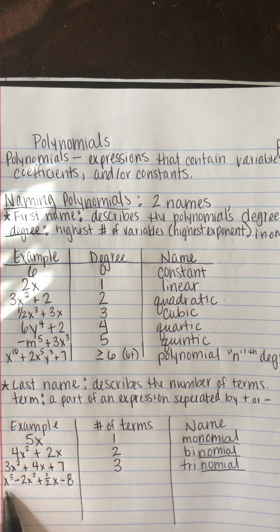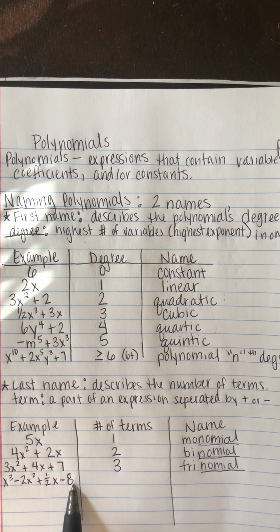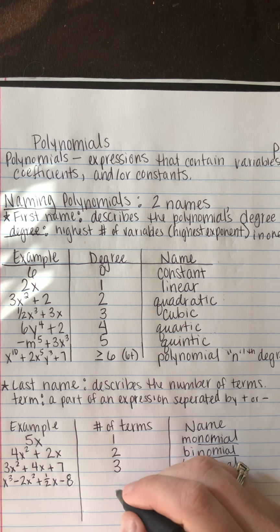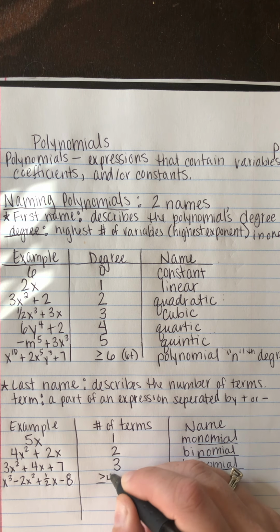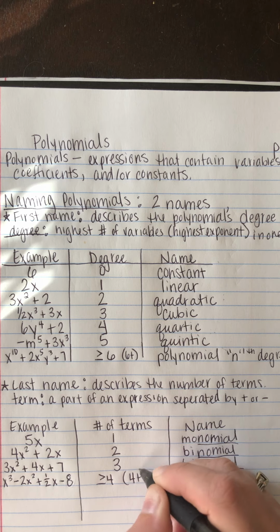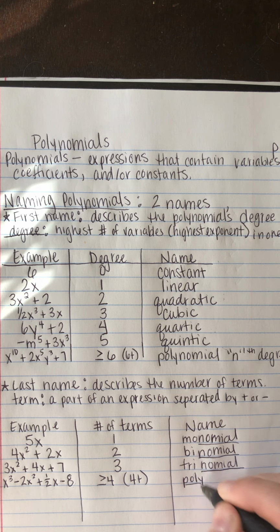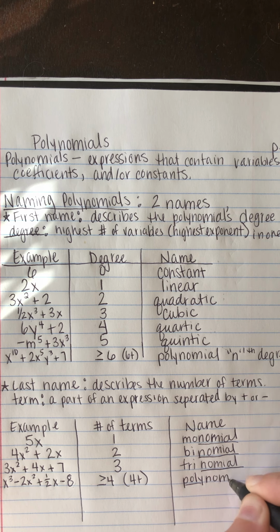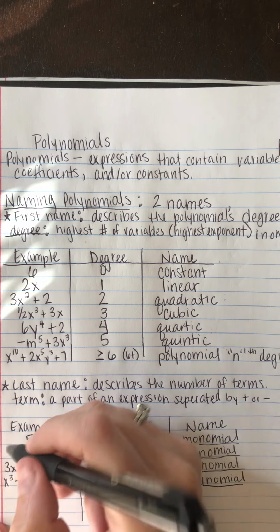All right, so we have 1 term and then a minus sign, the 2nd term, plus sign, 3rd term, minus sign, 4th term. Okay, so we have 4 terms. So anything that is 4 or more terms, that means 4 plus, like anything more than that, is just going to be called this polynomial. And poly does mean multiple, right? So polynomial. All right.